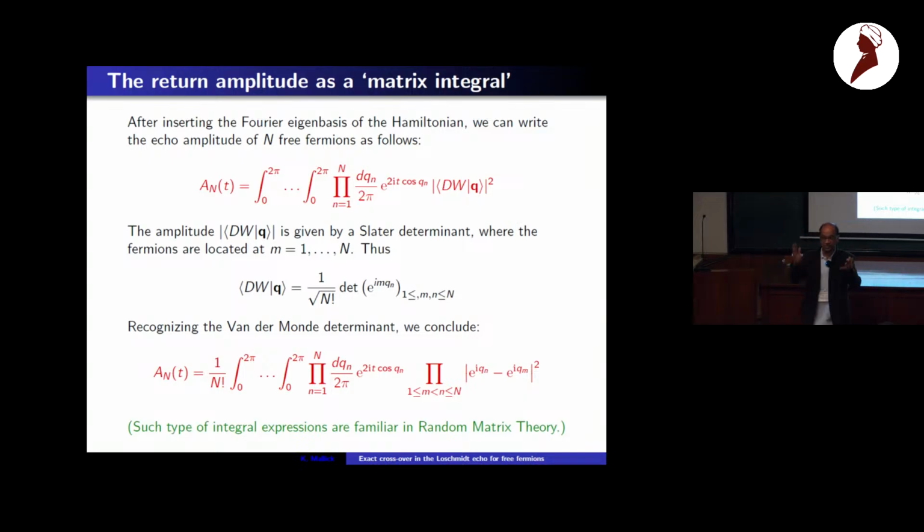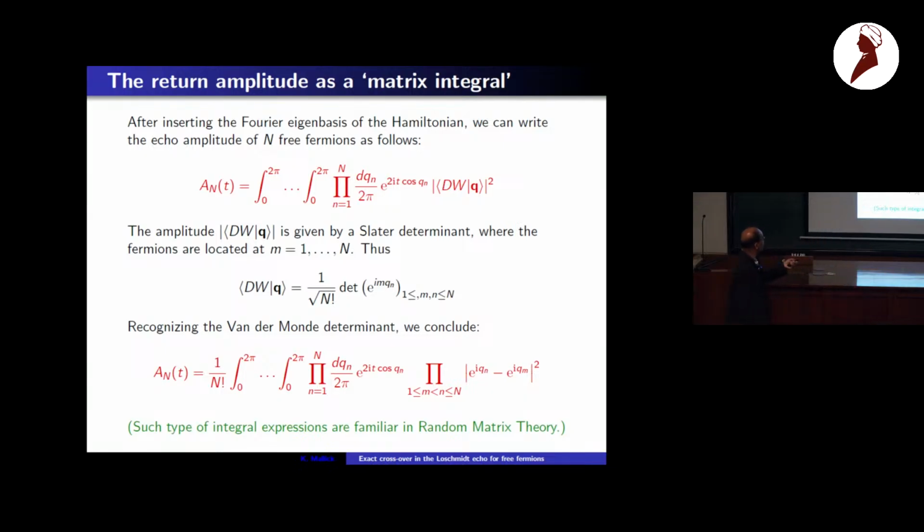So you have to write a determinant, a so-called Slater determinant, of these plane waves evaluated at numbers 1 to n. So what you end up with is that this matrix element of the domain wall written in the Fourier basis is nothing but the determinant of plane waves evaluated at 1 to n, and for momenta q1, ..., qn.